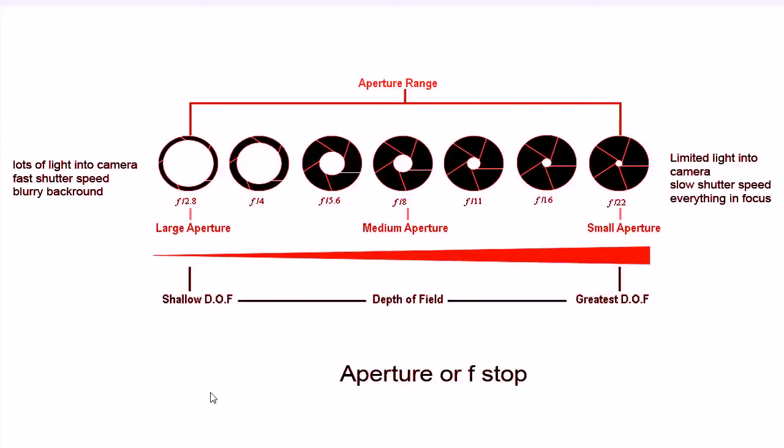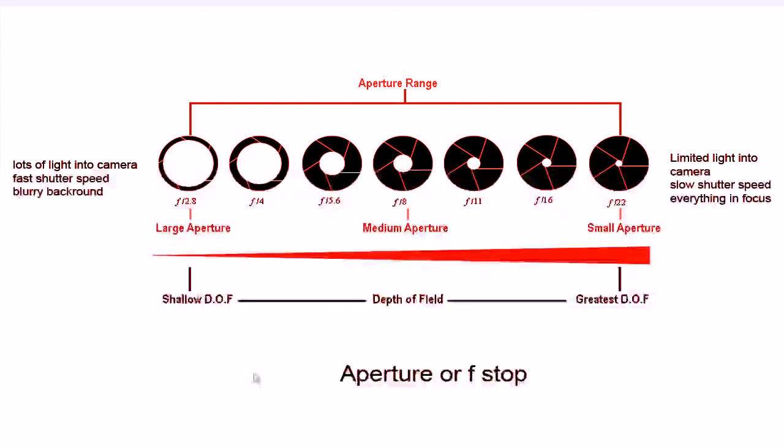When you have the smaller f number or larger aperture, you will get a shallow depth of field, a nice and blurry background. Another benefit of a large aperture is that you will have lots of light coming into your camera.